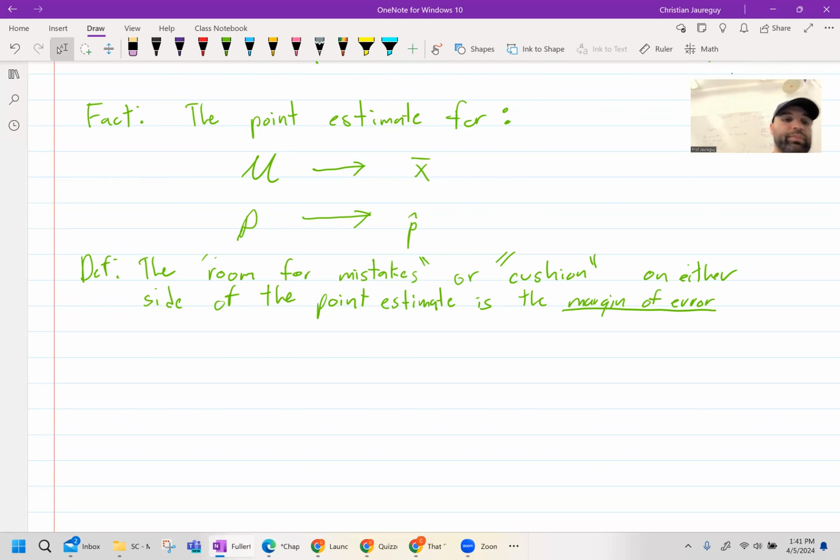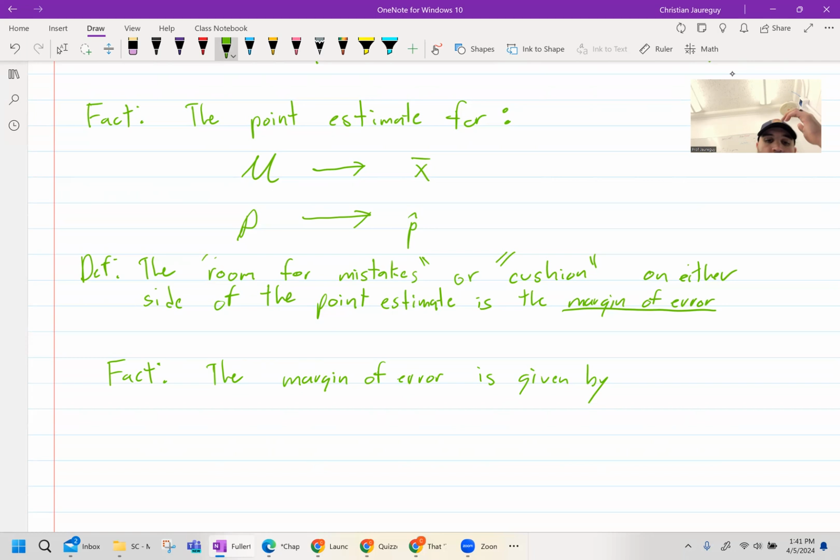So here's the fact. The margin of error is given by the number of standard deviations times the actual standard deviation.